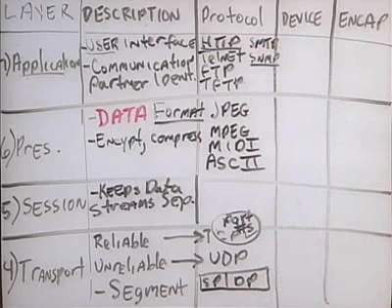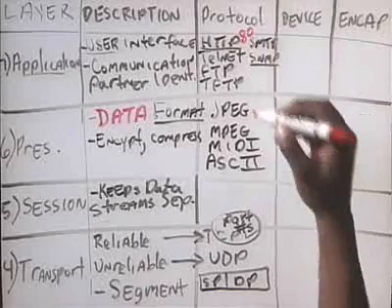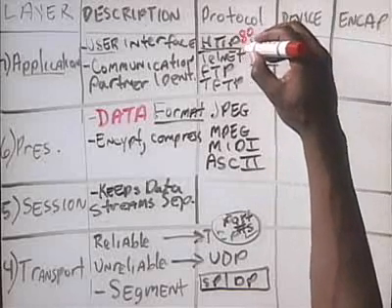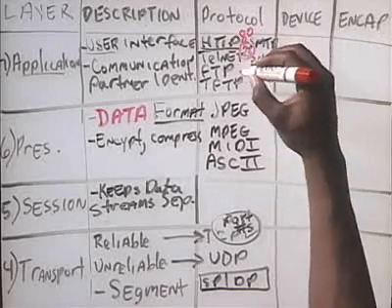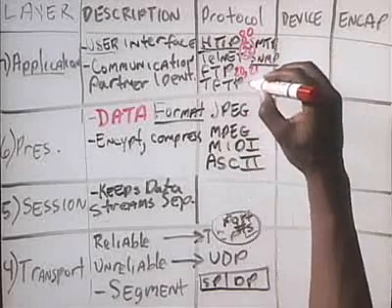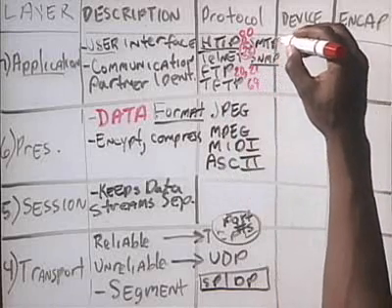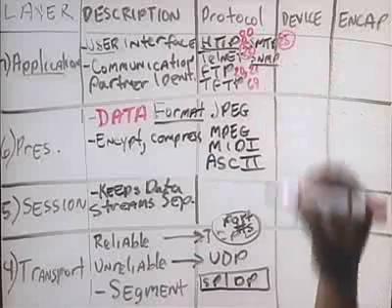For instance, HTTP's port number would be port number 80. Telnet has port number 23. FTP is 20 and 21. TFTP is 69. SMTP is 25.